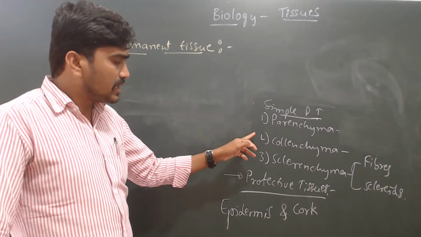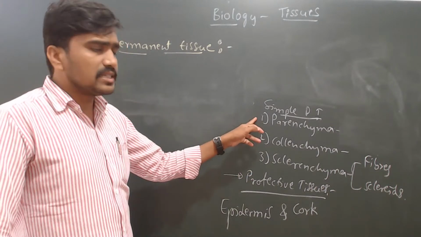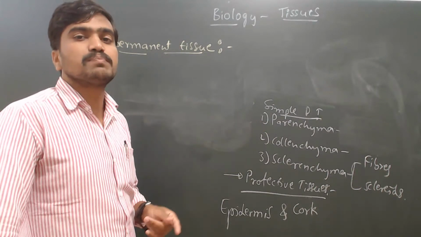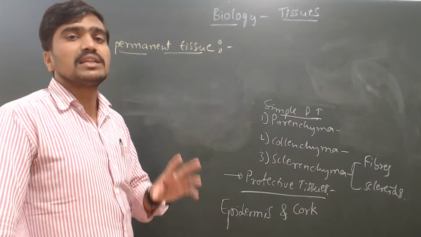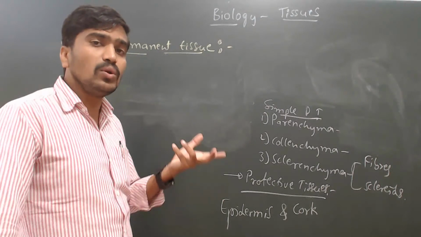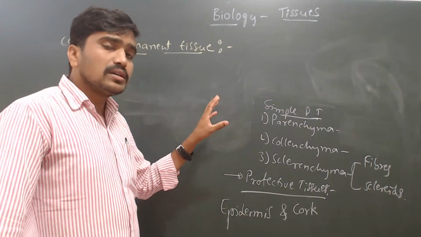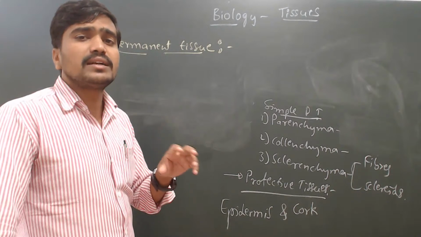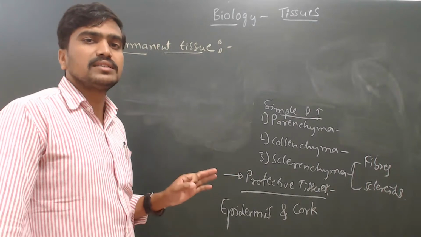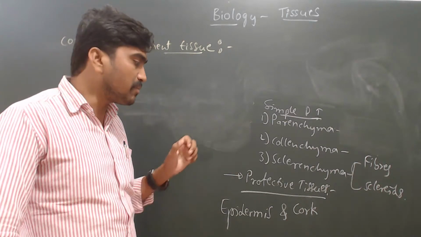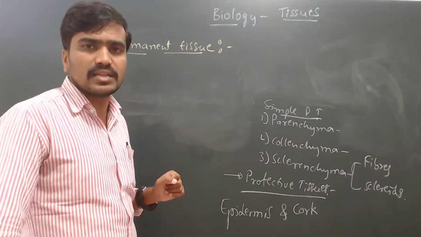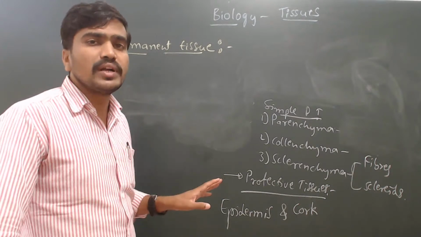Parenchyma is a soft tissue, and collenchyma is also soft, while sclerenchyma is hard. Why is it soft? Intercellular space is present in parenchyma because the cells are loosely packed in the tissue. Similarly in collenchyma the cells are loosely packed, but only a little intercellular space is present. But sclerenchyma tissue is very hard because the cells are tightly and compactly arranged, so there is no intercellular space.